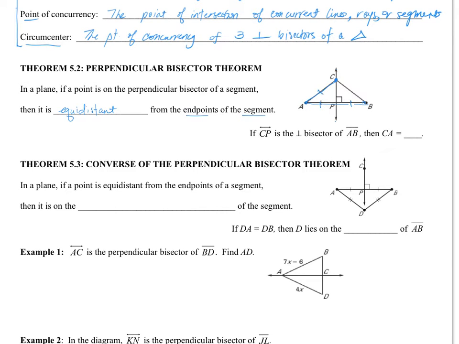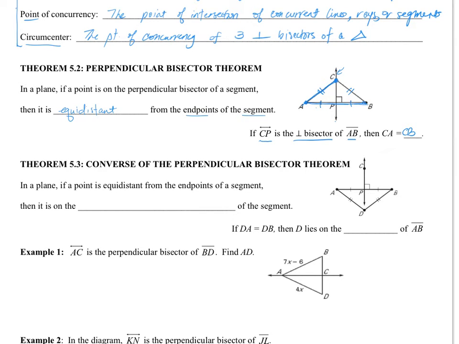CA will therefore be congruent to or equal to CB. So again, if line CP, this line here, is the perpendicular bisector of segment AB, so it cuts this segment into two equal segments, then from this point, point C to point A will be equal to point C to point B. So CA will be equal to CB.